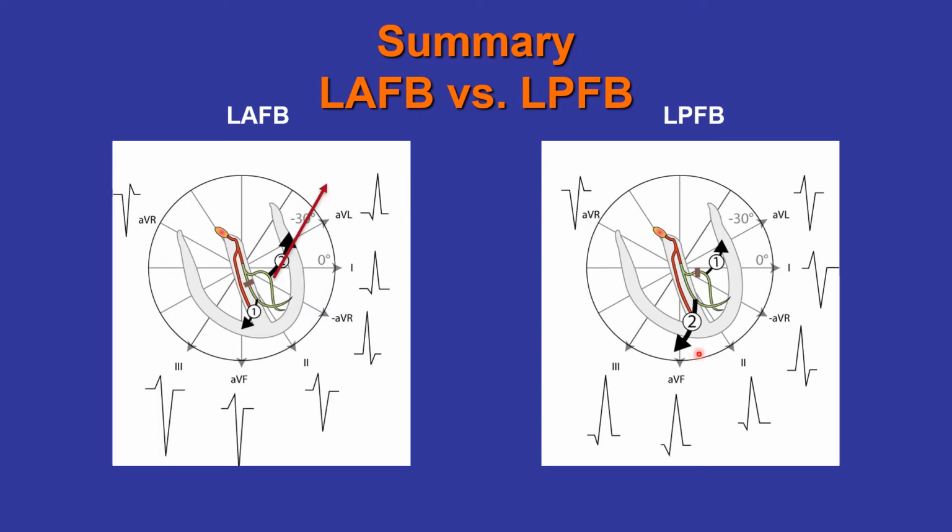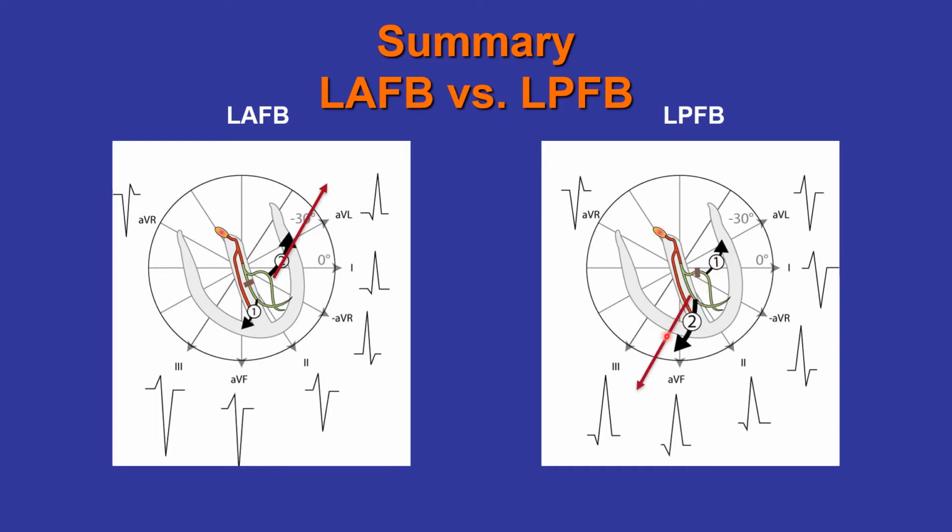In this case, this posterior fascicle is blocked. This posterior fascicle actually depolarizes the posterior part of the left ventricle, and in this case the current, this anterior fascicle will depolarize this part and then will go this way to depolarize the remaining part of the ventricle.